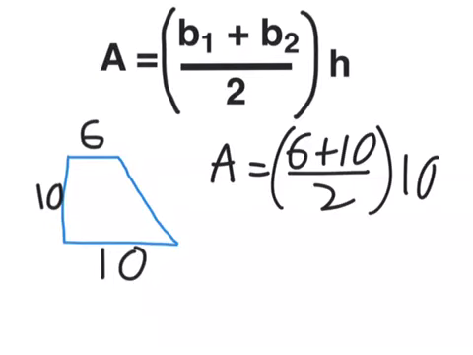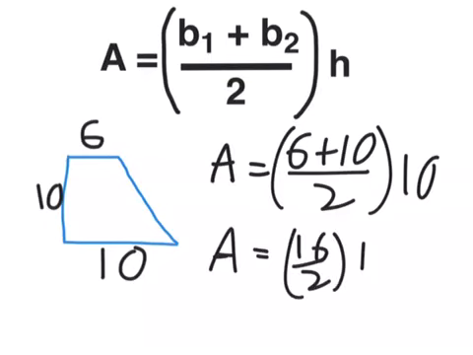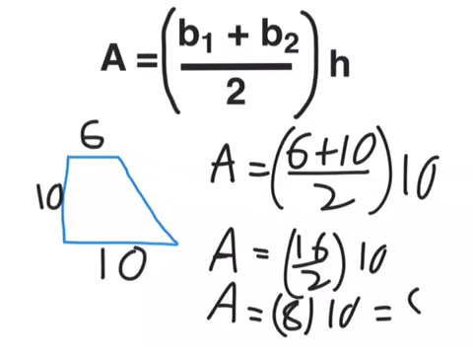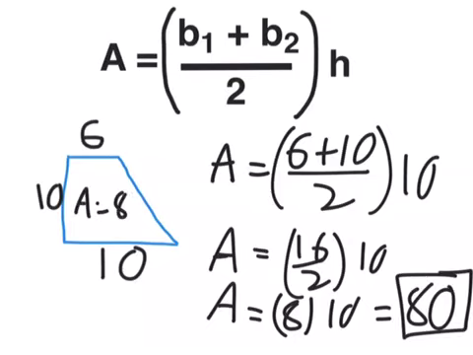So multiply that by 10. Now we're going to need to do some math. 6 plus 10 is 16 over 2 times 10, which is 8 times 10, which is 80. So the area of this trapezoid is 80.